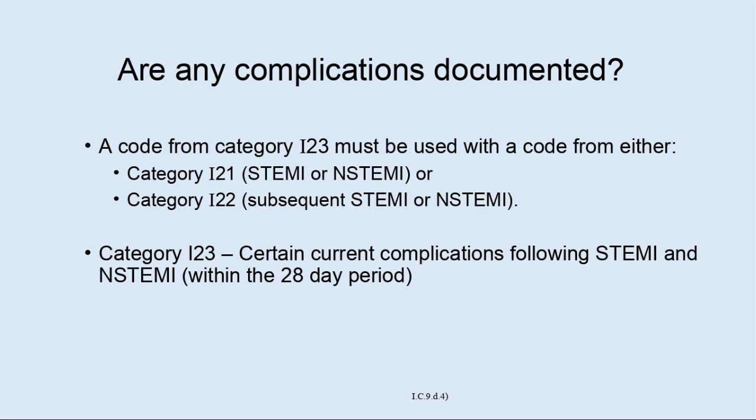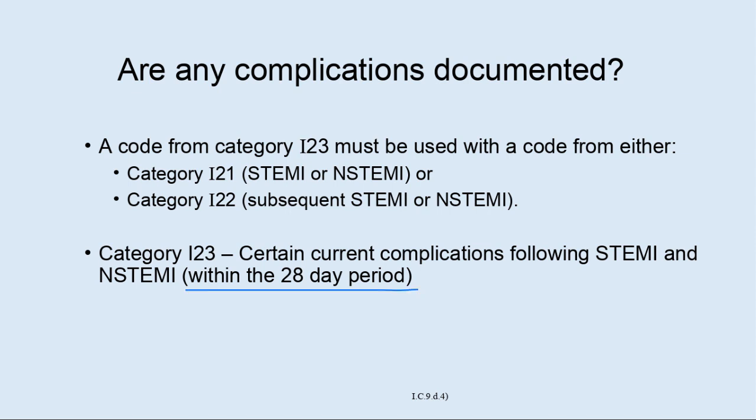Okay, so the next question is, are there any complications? Usually complications of an NSTEMI or a STEMI are coded with codes from category I23, which is certain current complications following STEMI or NSTEMI. And there's a non-essential modifier within the 28 days.